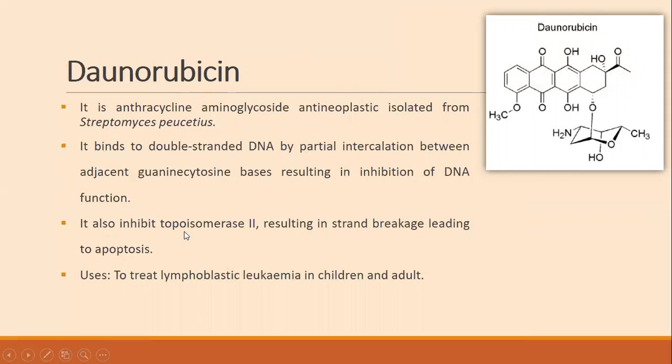It also inhibits topoisomerase 2 and results in strand breakage, leading to apoptosis. Daunorubicin is used in the treatment of lymphoblastic leukemia in children as well as in adults.